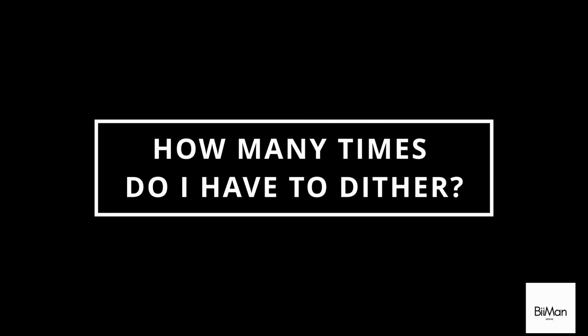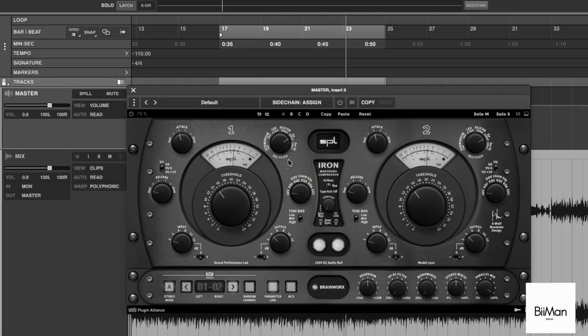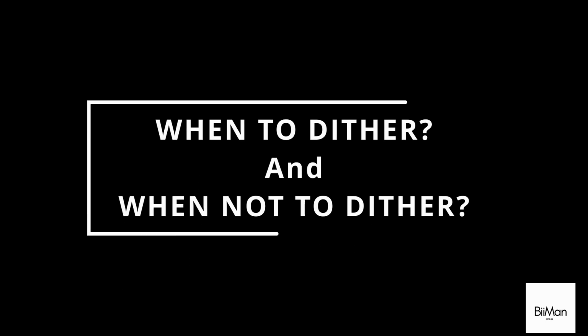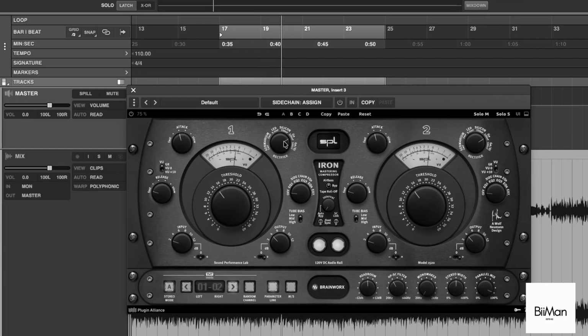Now, you're probably wondering, how many times then do I have to dither? The simple answer to that is only dither once. I believe you've already heard this phrase only dither once more than 1,000 times, but then the next question that always comes is when to dither and when not to dither. The simple straight answer to that too is only dither when going from a higher bit depth to a lower bit depth.